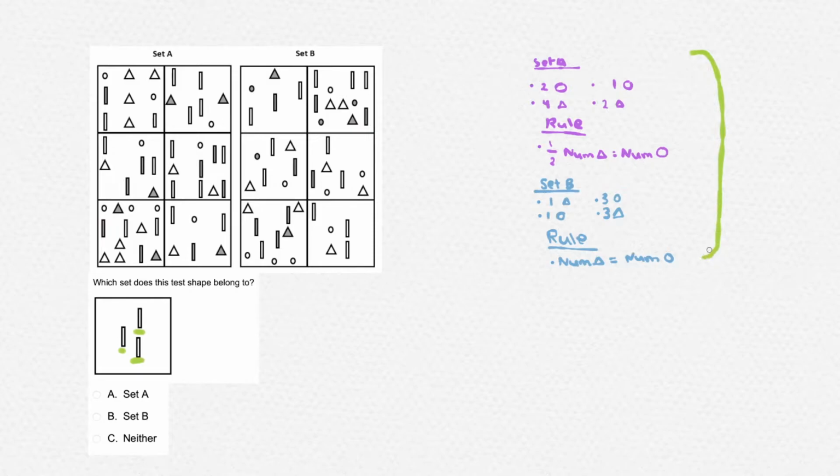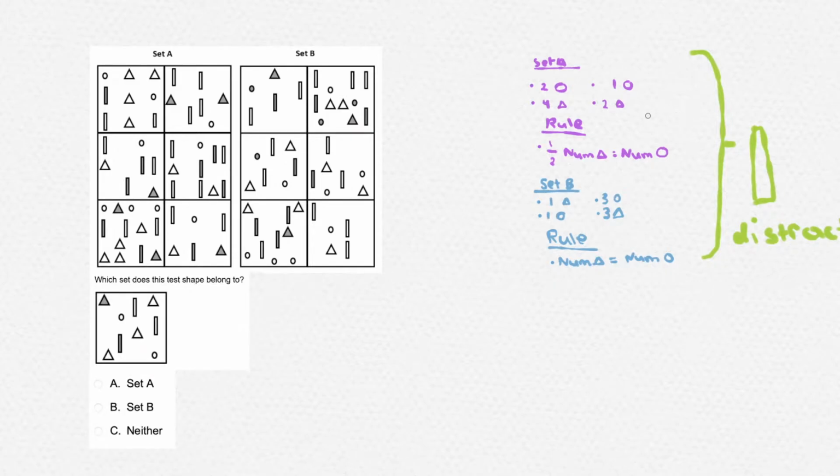However, in our rules, we wrote down that rectangles are a distractor. Remember, there might be distractors in a square to prevent you from finding the overall rule. So, since we know that the rectangles are a distractor and there are no other circles or triangles in the given square, the answer will be neither.